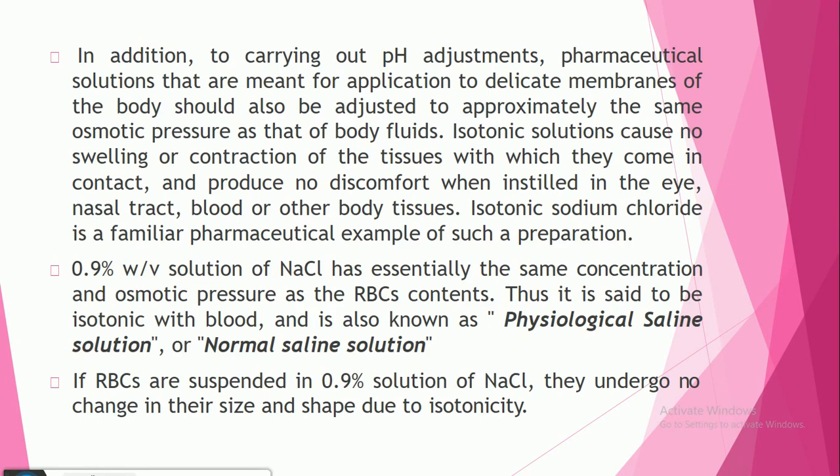Suppose we are going to administer different types of injections or infusions, injected intramuscularly or intravenously. The reason is that for all these preparations, isotonicity must be maintained and adjusted with the body in order to maintain equilibrium. It is also known as physiological saline solution, or normal saline solution.